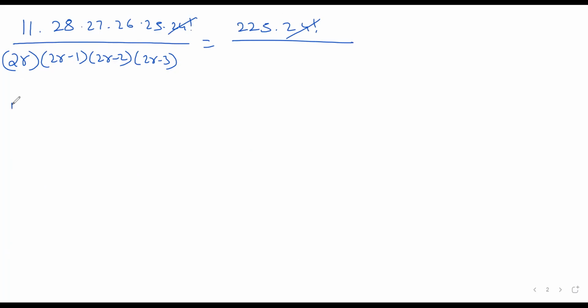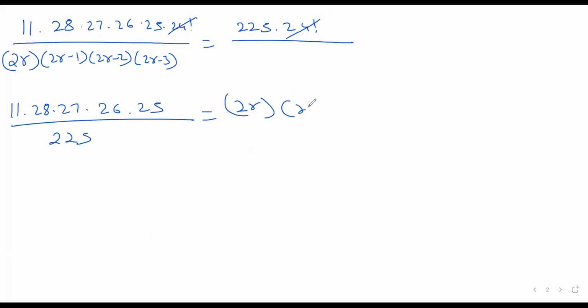We'll cross multiply. It is 11 into 28 into 27 into 26 into 25, whole thing upon 225, is equal to 2r into 2r minus 1 into 2r minus 2 into 2r minus 3.